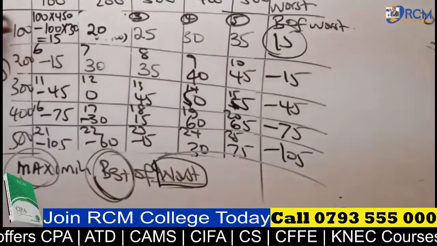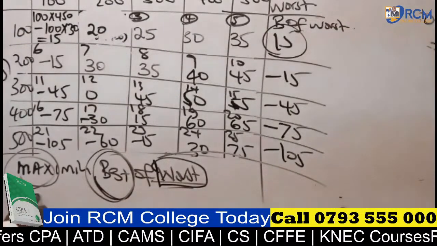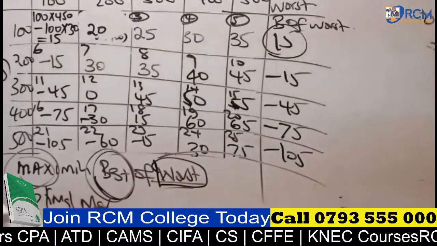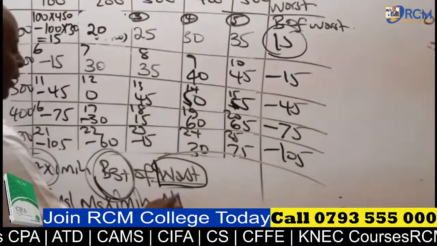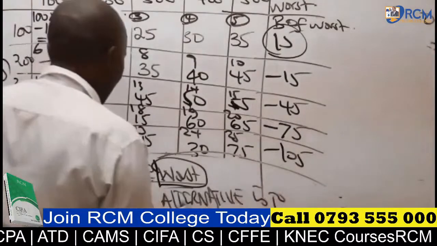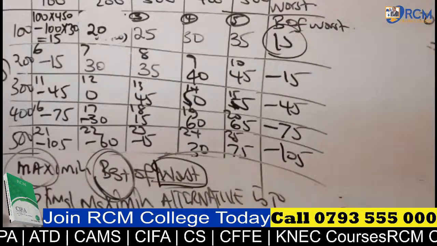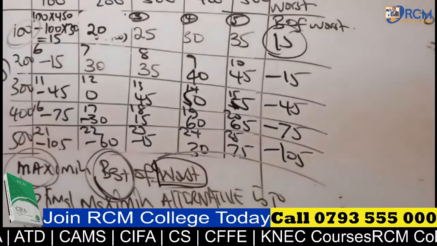It corresponds to 100 crates. So the optimal Max-Mini alternative is to supply 100 crates.